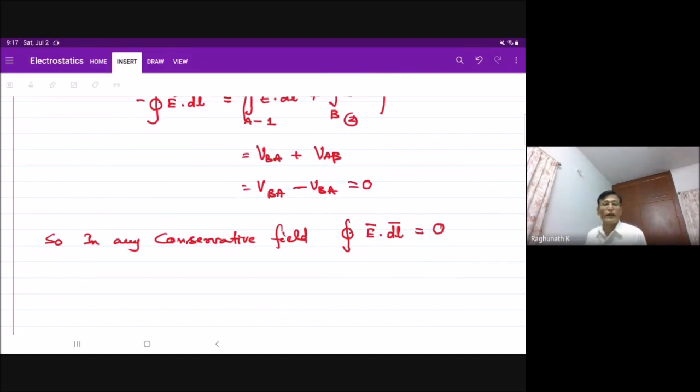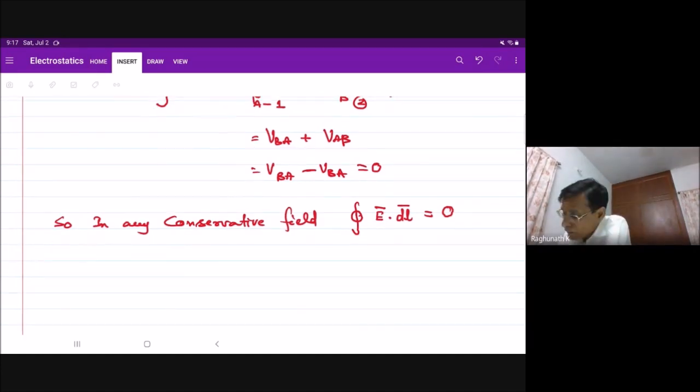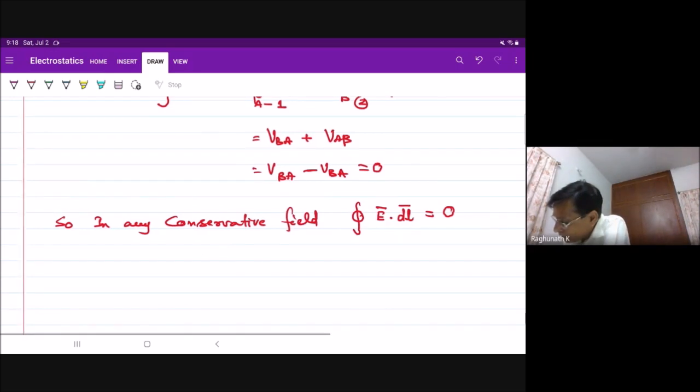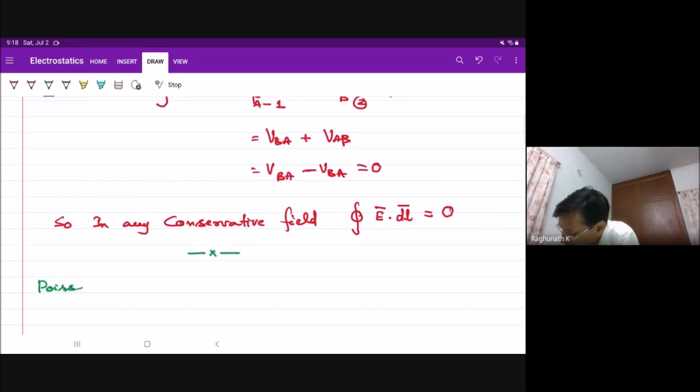Yeah, one more thing, I'll finish it off now itself. Then we can go to capacitance and all. Next point. Poisson's and Laplace's equations.